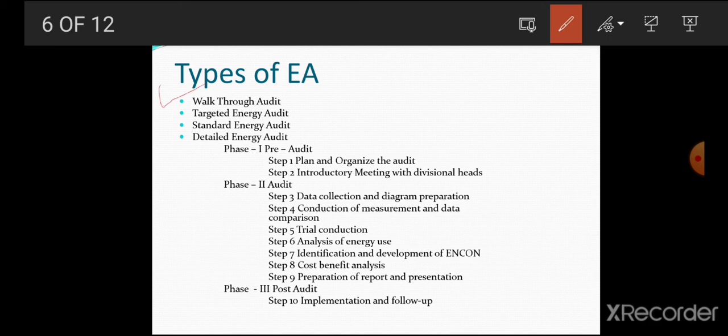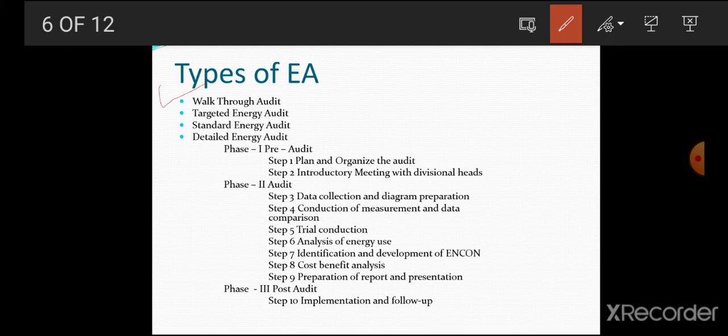What is a walkthrough audit? As the name suggests, it consists typically of a short on-site visit of the facility to identify areas where simple and inexpensive actions, typically operating and maintenance measures, can provide immediate energy use and operating cost savings.